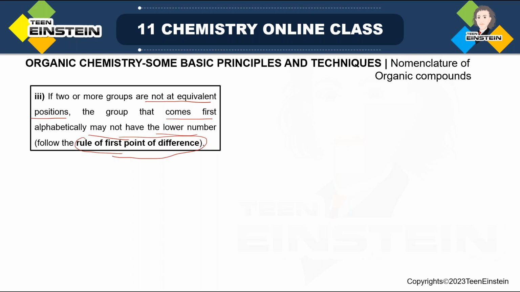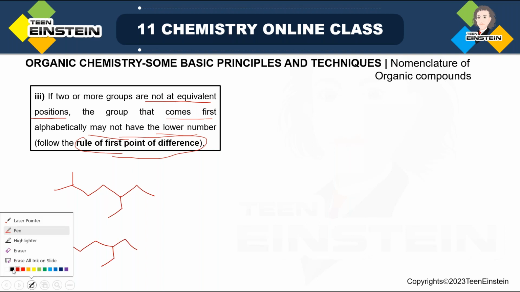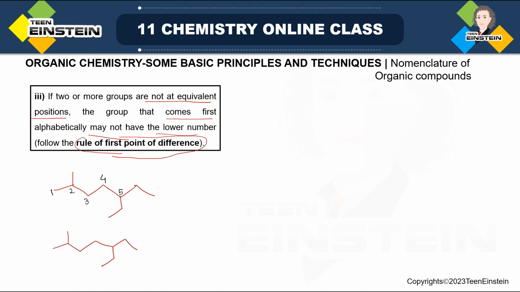So here, if we see this example, we will see a molecule. And the same molecule I will also draw once more. So I will draw the numbering 1, 2, 3, 4, 5, 6, 7. And in the second case, I am starting the numbering here. 3, 4, 5, 6, 7.